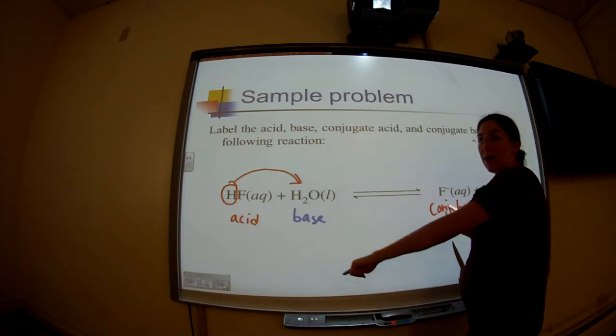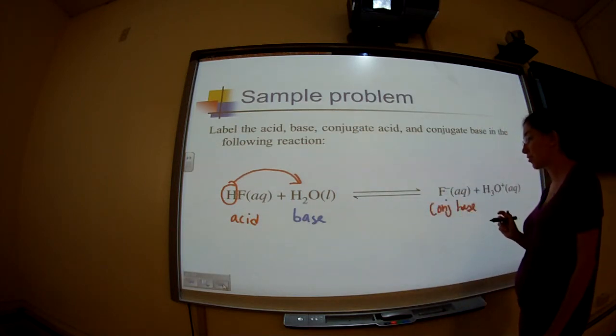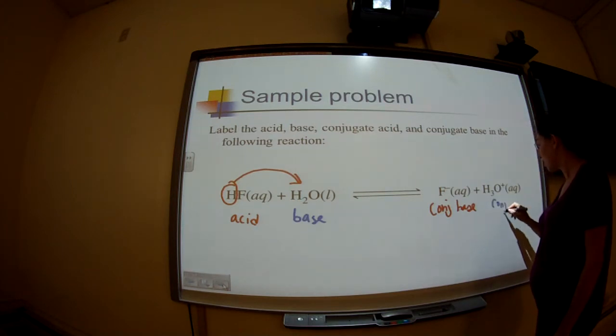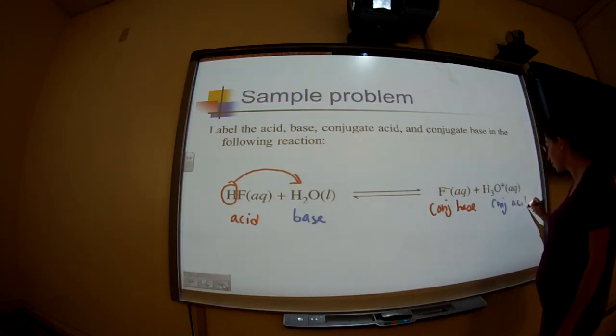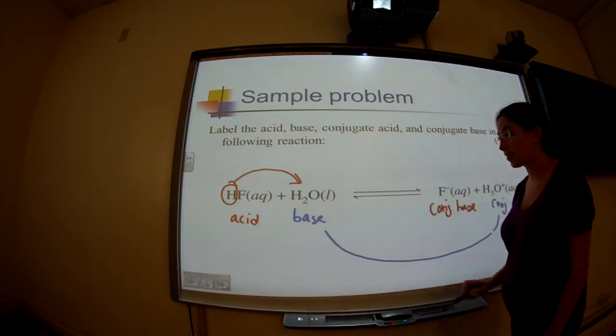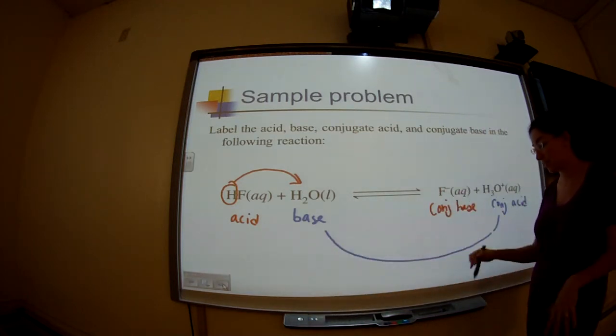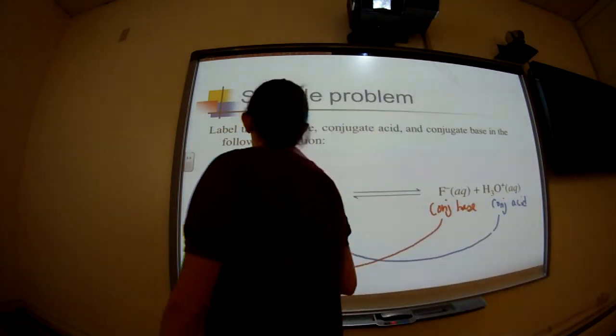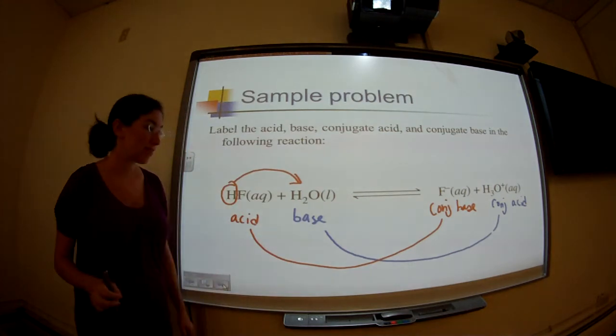It's now going to be a proton acceptor in the reverse reaction. Whereas the hydronium ion is the conjugate acid. Okay? And I've color-coded it for you so you can see the two conjugate acid-base pairs. Okay?